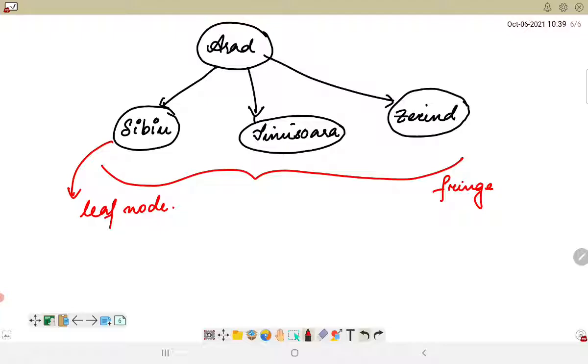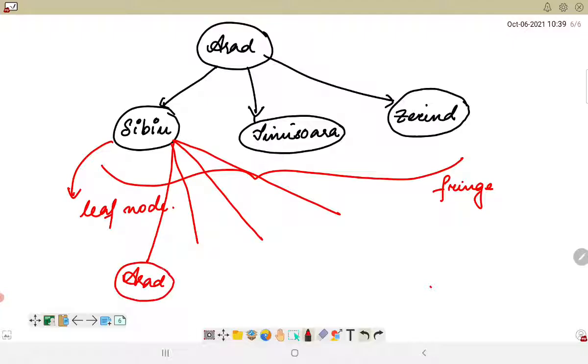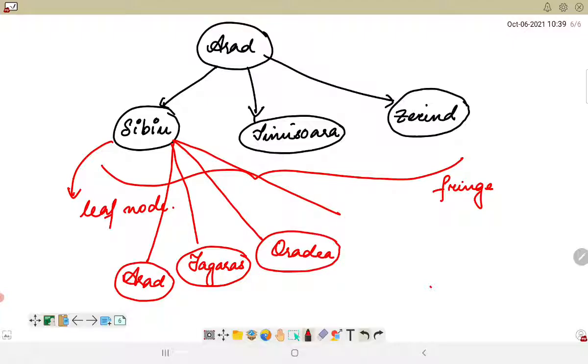Even if I go on expanding, let's say I go on expanding Sibiu. Sibiu has other different cities, let's say Arad, because Arad is connected to Sibiu. Then we have new cities which are Fagaras, and then say Oradea, as well as let's say Rimnicu. So I have expanded the Sibiu part now.